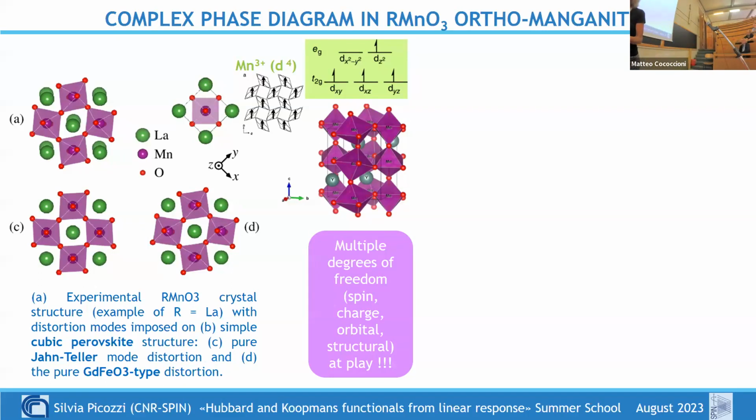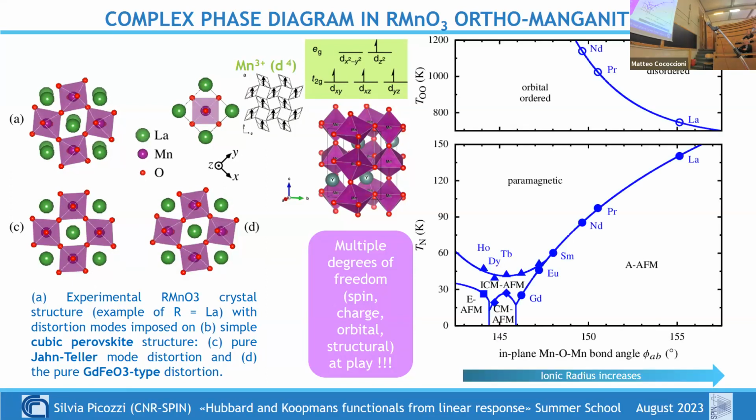So you have Jahn-Teller distortion, spin ordering, tilting, so it's a kind of complex system. Depending on the kind of tilting, which you can reach by changing the ionic radius, so by changing the rare earth, you can get a very complex phase diagram.